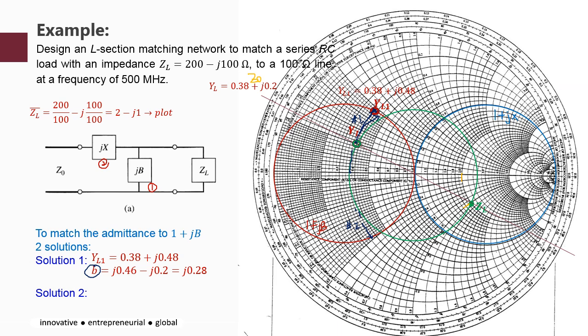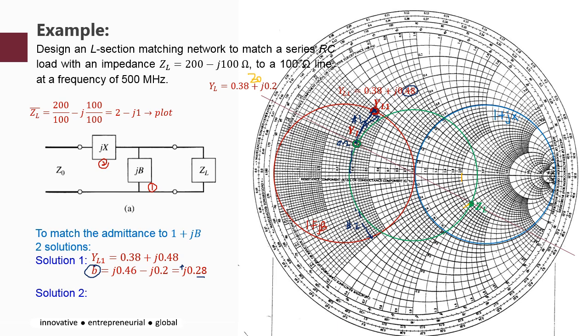In this case, it is moving upwards, so it's a positive configuration. By how much? By positive 0.28. The original position is at 0.2, and you move it up to 0.48. So the B is positive 0.28.